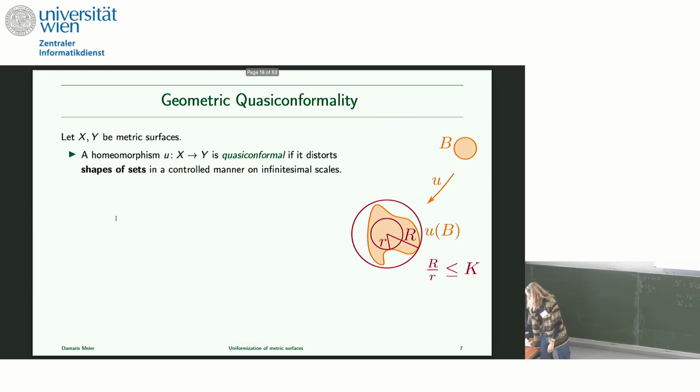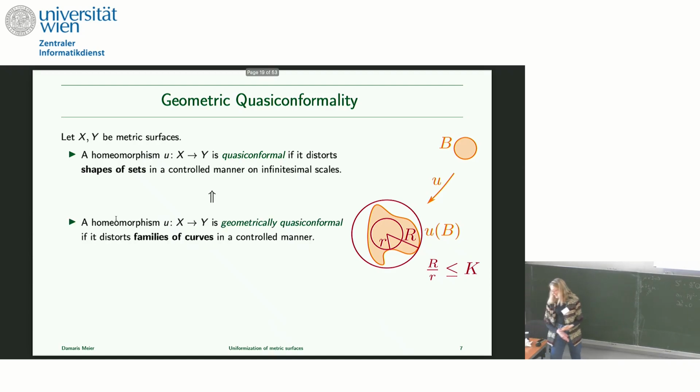And the next generalization is, instead of talking about quasisymmetries, one talks about quasiconformal mappings, and then one can show that this alpha-2 regularity assumption can be removed. I said before, in a very hand-wavy way, what a quasiconformal map is. It has this distortion of shapes of sets on infinitesimal scales.